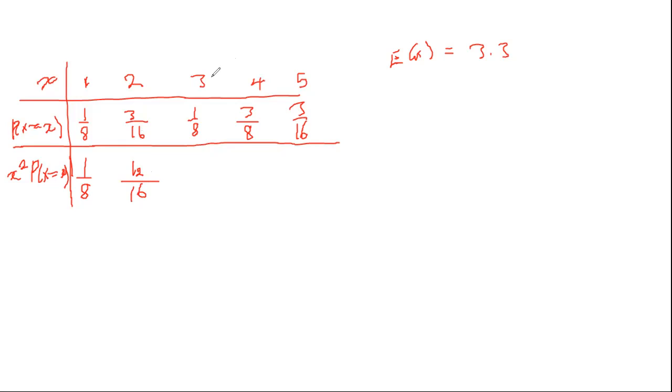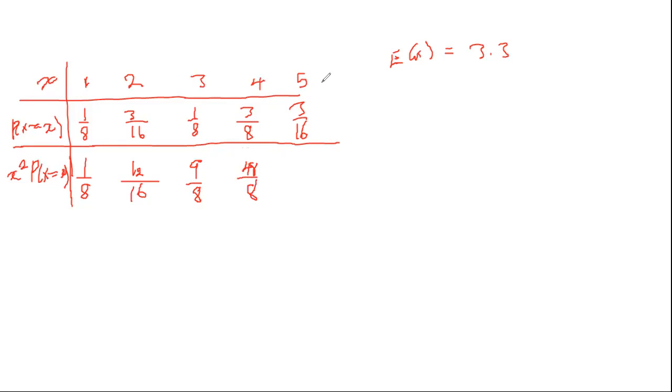Then 3 squared is 9 times 1/8, so this would be 9/8. Then 4 squared is 16 times 3/8, that is 16 times 3, which is 48/8.